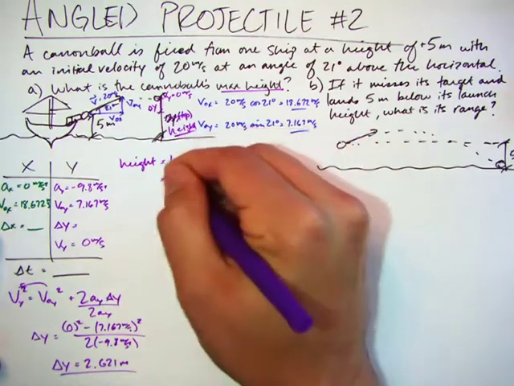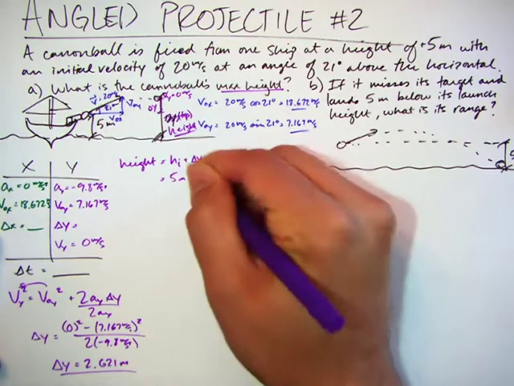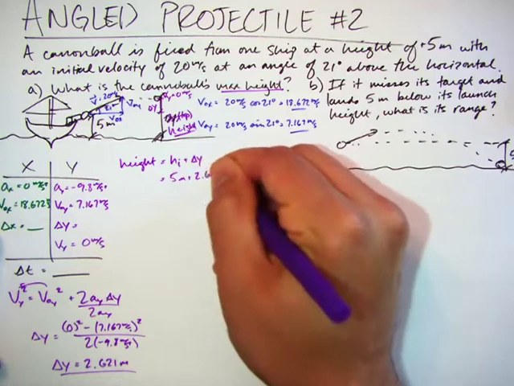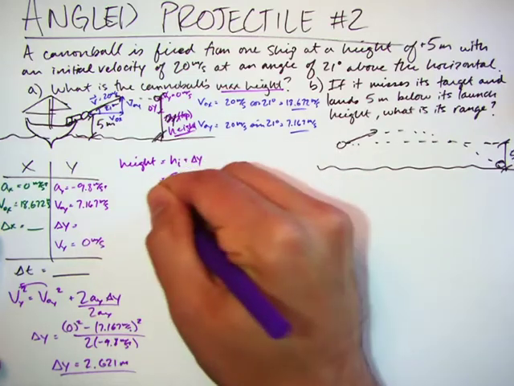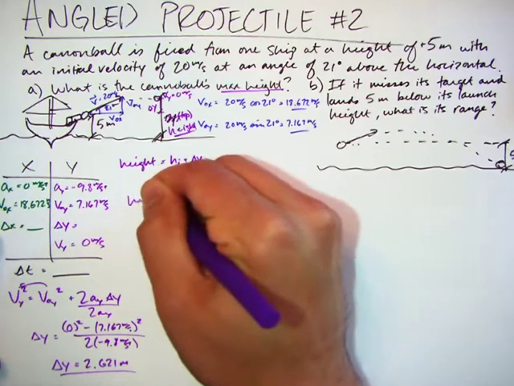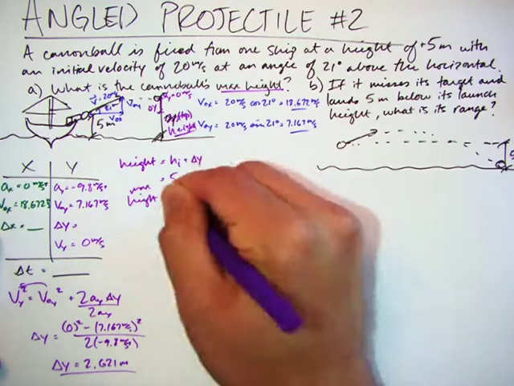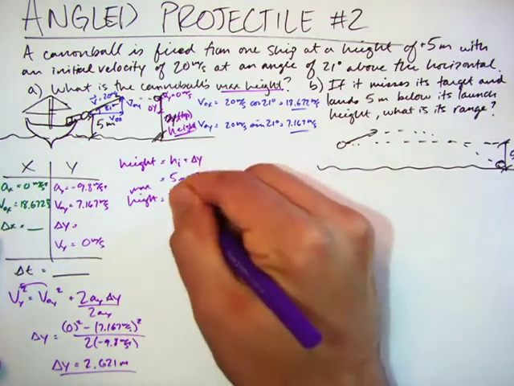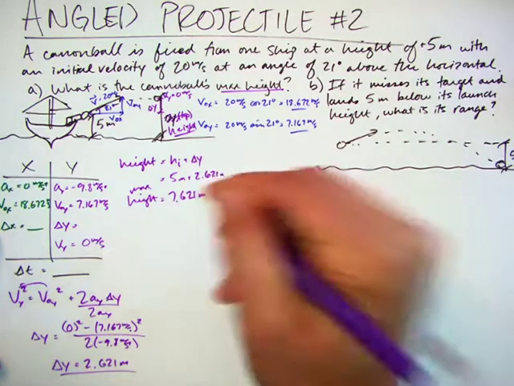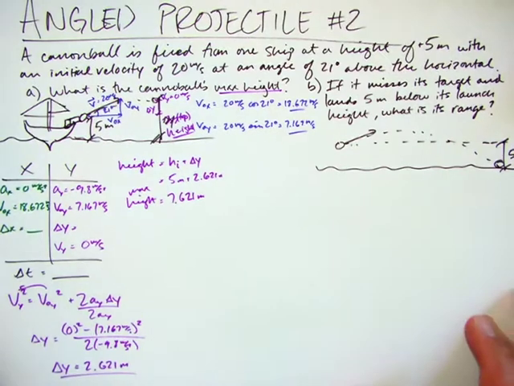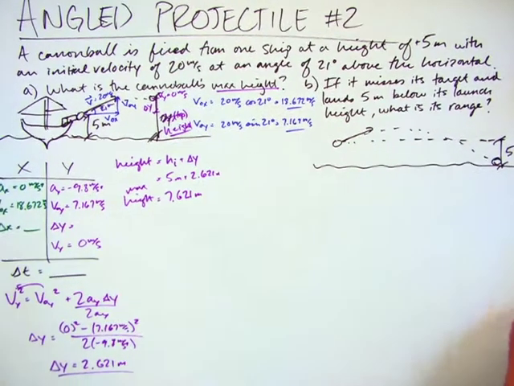So I have to take the 5 meters plus my change, and so I would get the final height max of 7.621 meters. So be careful if you're asked a problem like that. Make sure you include that initial height.